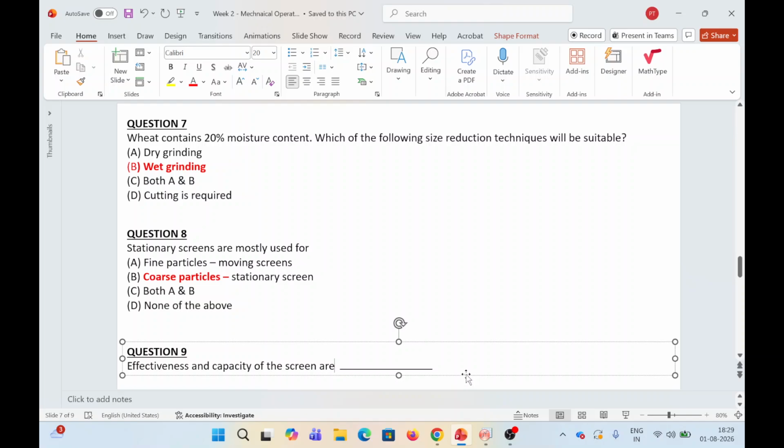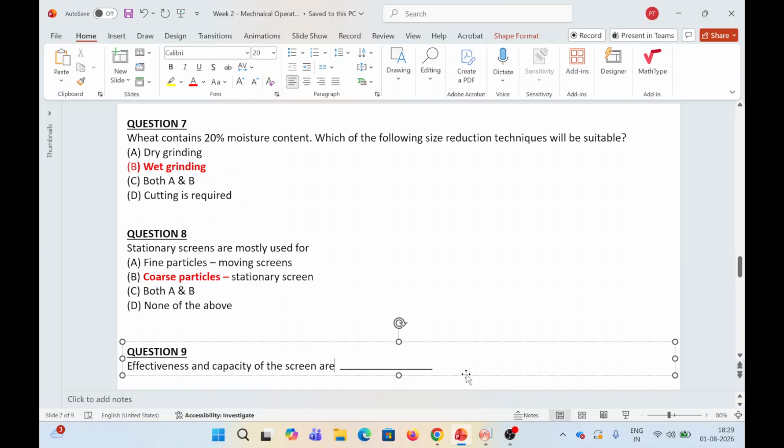No, effectiveness basically deals with recovery and rejection. But I'm talking about capacity and effectiveness. Inversely proportional. It's not inversely proportional, you cannot say it that way.